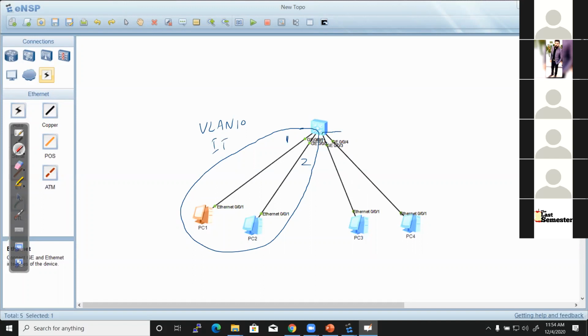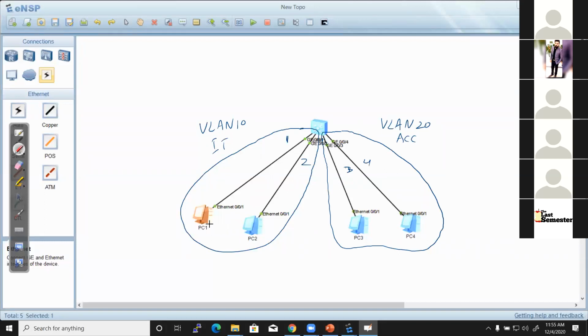And port 3 and 4 of the same switch, we are going to map with VLAN 20. For example, this VLAN 20 is for the accountant guys.